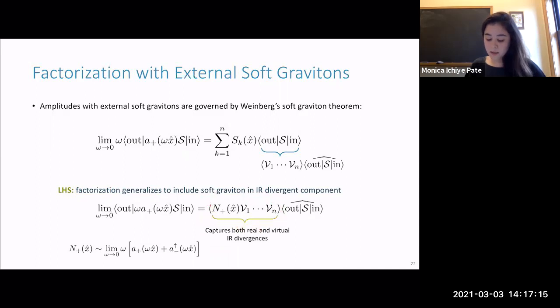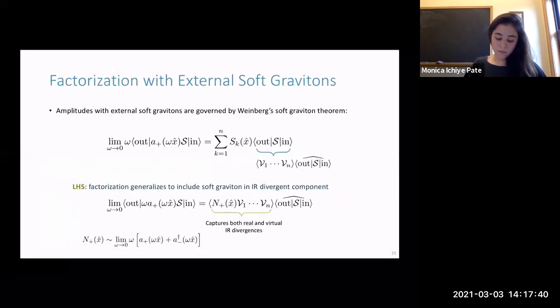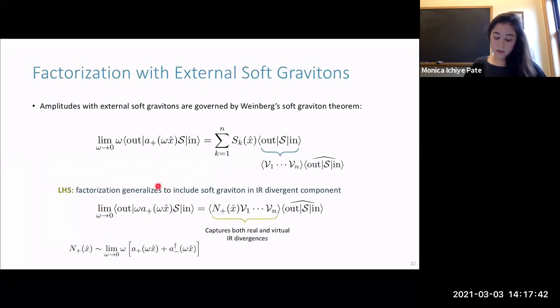In other words, the soft part of the S matrix is now capturing both real and virtual infrared divergences. And the reason why this soft graviton, as written, isn't actually infrared divergent is simply because it does produce a pole in energy, but we've written it in such a way that we're just picking out the residue of that pole.